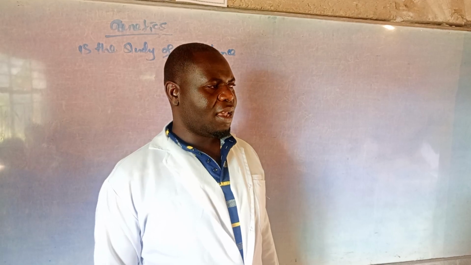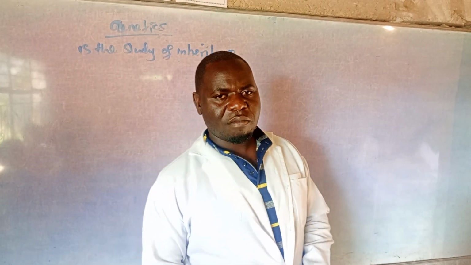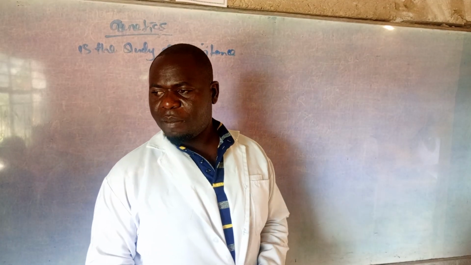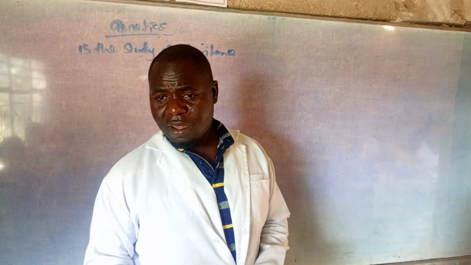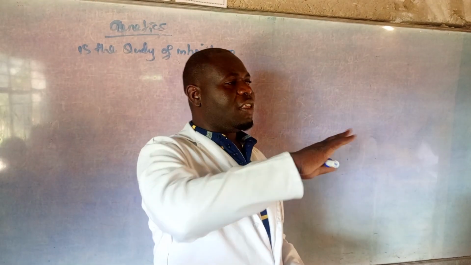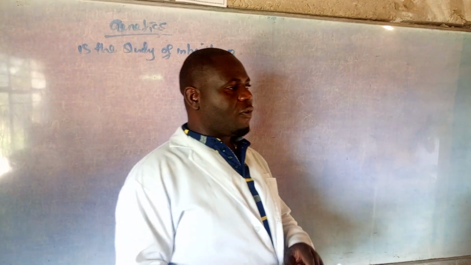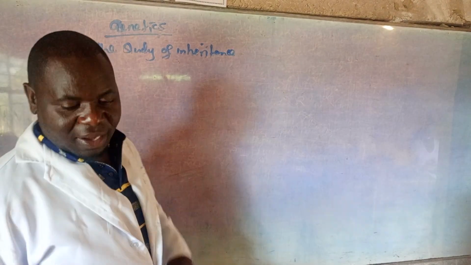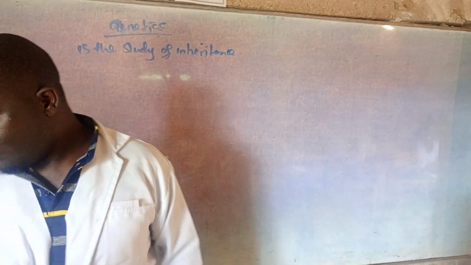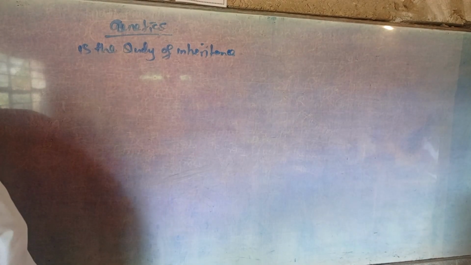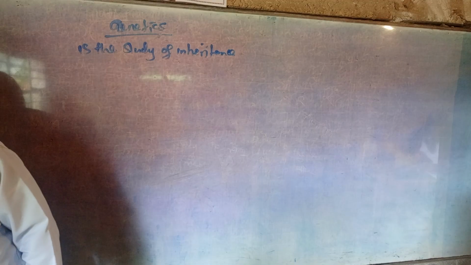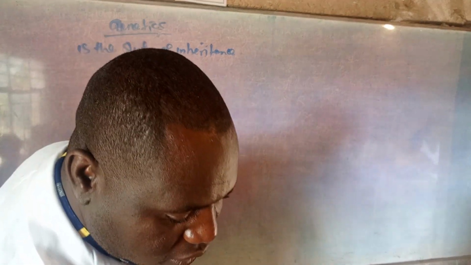Body mass, complexion, the type of hair. All those things are transferred from parents to offspring. So genetics is the study of inheritance, the control and transmission of inherited information.